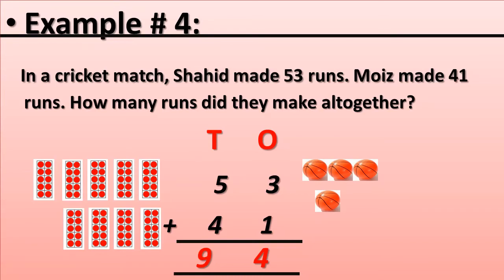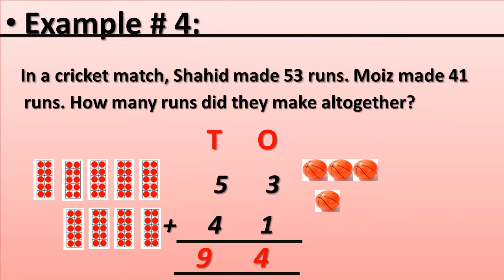Yes, 1's column. So here we will add 1's column first. So we will add 1 into 3. When we add 1 into 3, what number comes? Yes, 4. So here we will write 4 in 1's column.